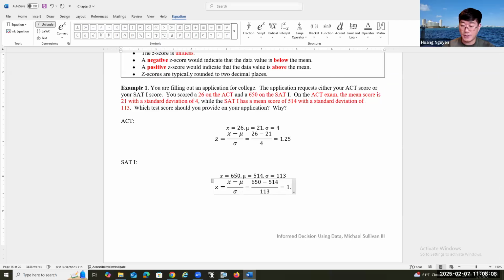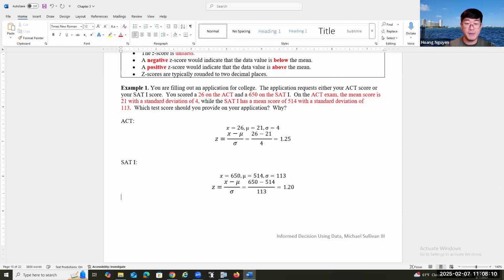What's the meaning of this answer? The answer is 1.20, which indicates that when a student has a test score of 650 on the SAT, that test score is 1.20 standard deviations above the mean.